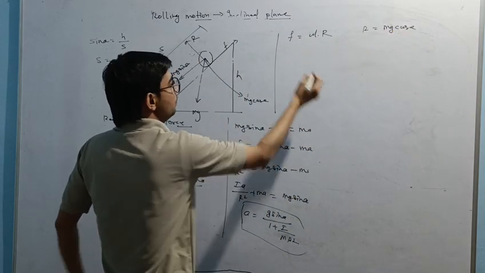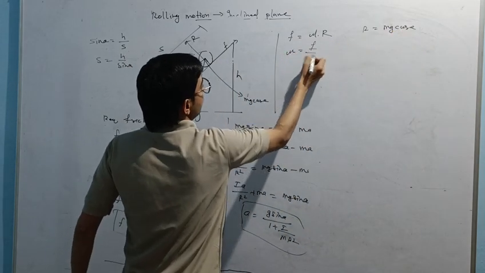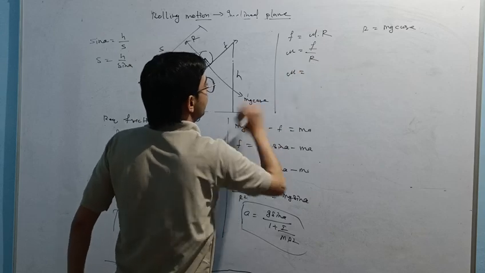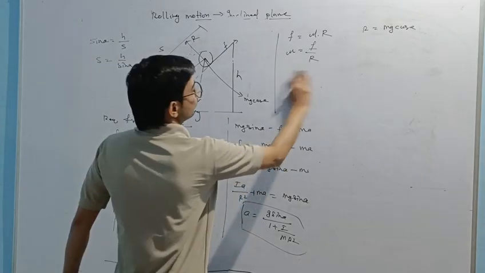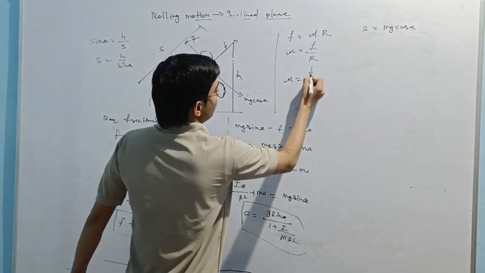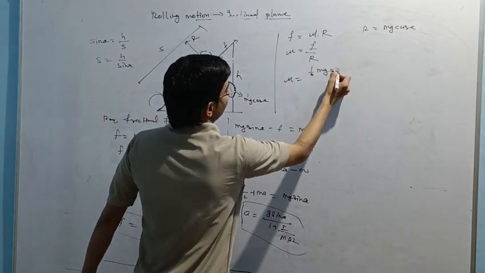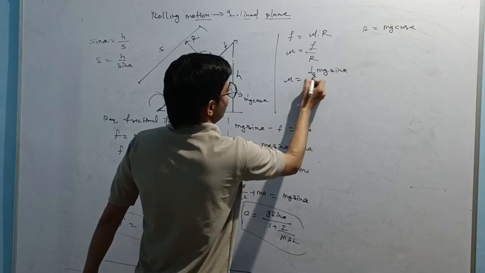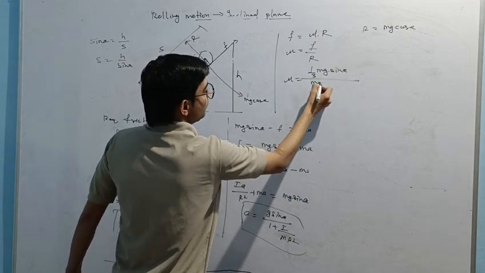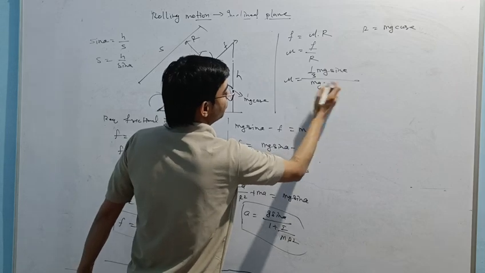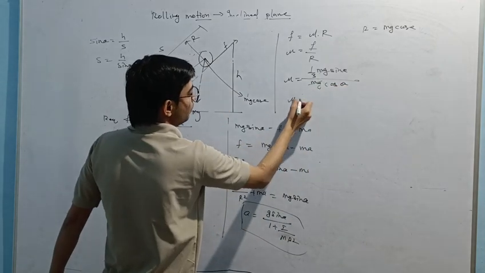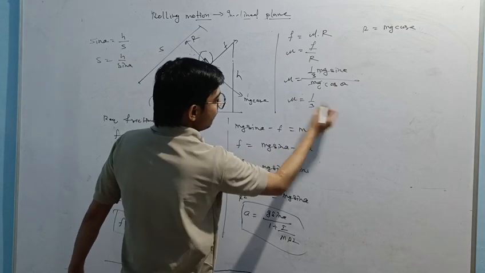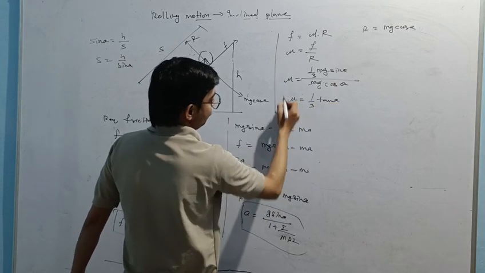So हमें चाहिए ऐसे mu is equal to F upon R. Mu is equal to F. F is this one, 1 by 3 mg sin theta. What is R? It is actually mg cos theta. mg cancels out. Mu is equal to 1 by 3 as it is. Sin by cos it is tan theta.